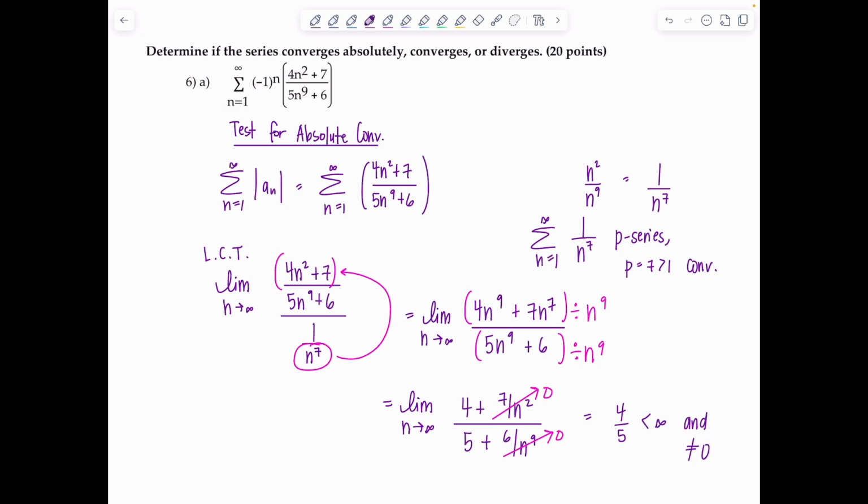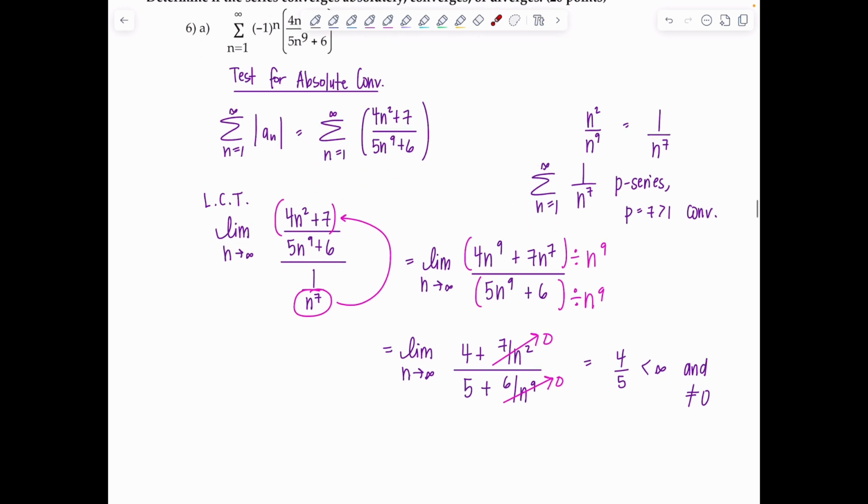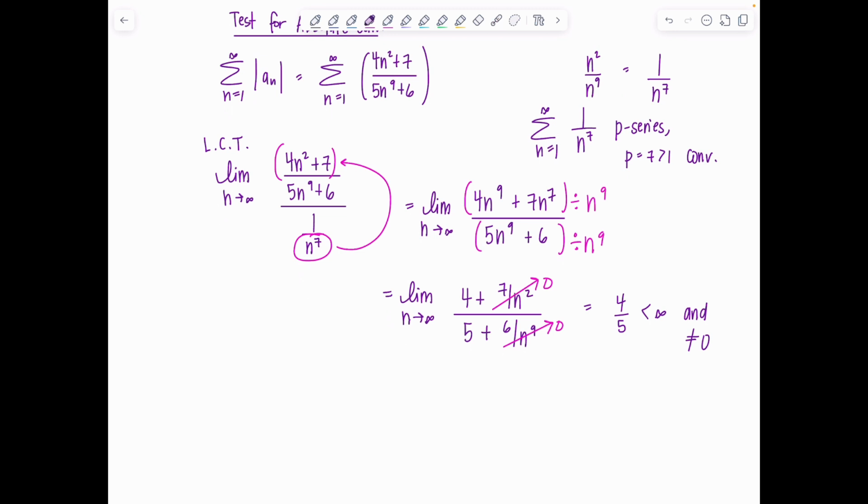And then the limit comparison test tells me that my series is twinsies, or behaves the same as whatever I compared it to. So I compared it to a series that converges, which means this series converges as well. So the sum n equals 1 to infinity of (4n squared plus 7) over (5n to the 9th plus 6) also converges by the limit comparison test.